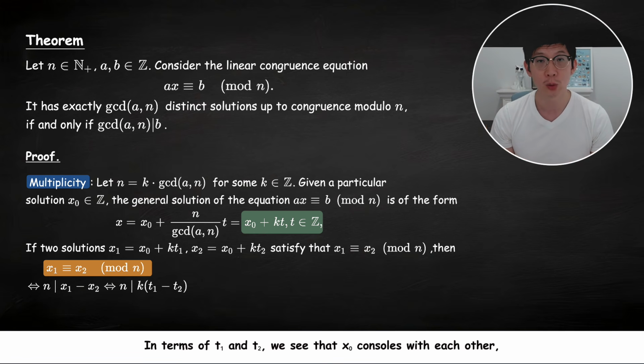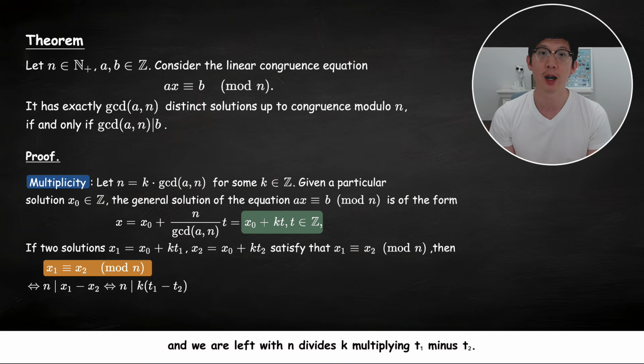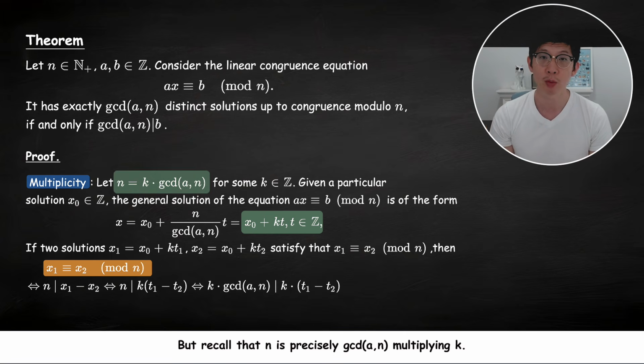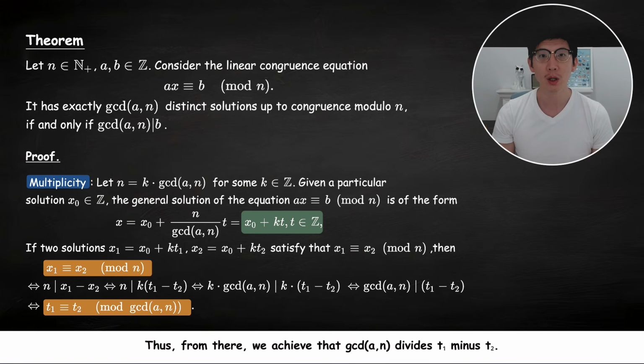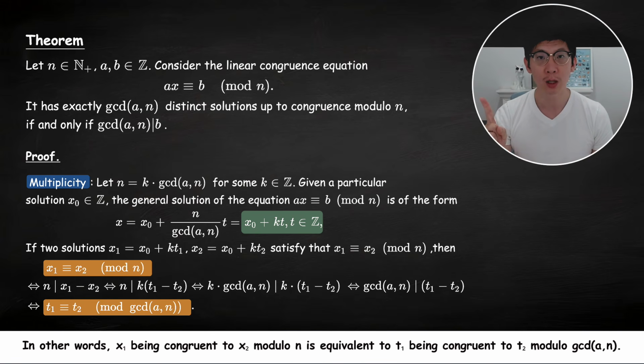In terms of t1 and t2, x0 cancels out, and we are left with n dividing k(t1 − t2). But recall that n is precisely gcd(a, n) multiplied by k. Thus, gcd(a, n) divides t1 − t2. In other words, x1 being congruent to x2 modulo n is equivalent to t1 being congruent to t2 modulo gcd(a, n).